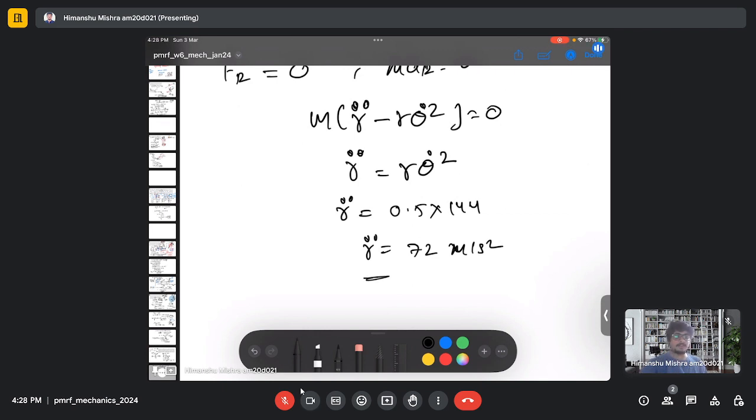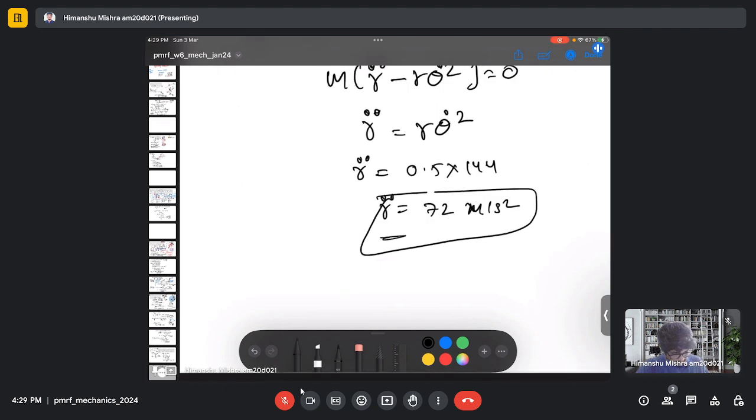So this is the acceleration that the collar will attain when it moves in the other direction after the cable breaks.